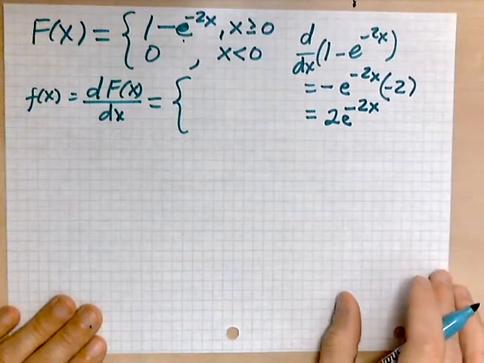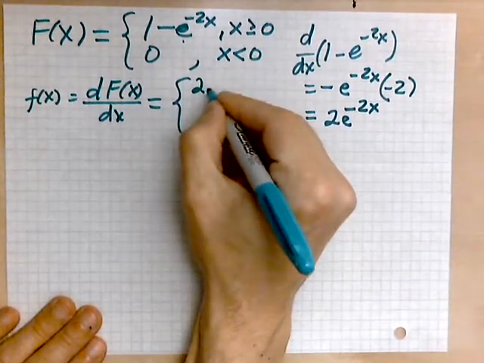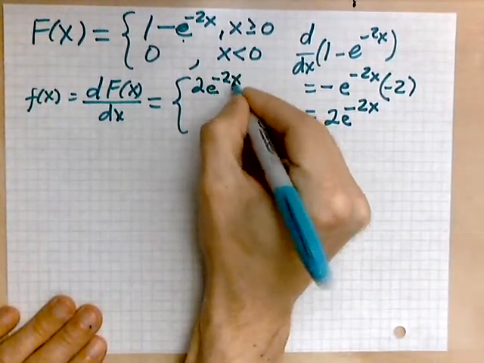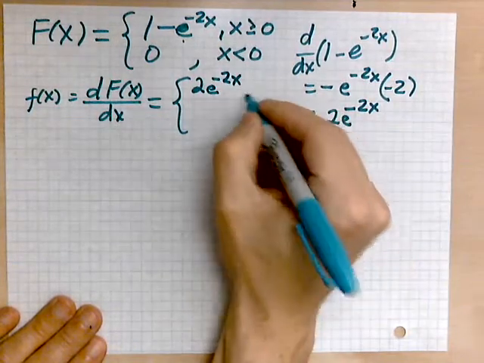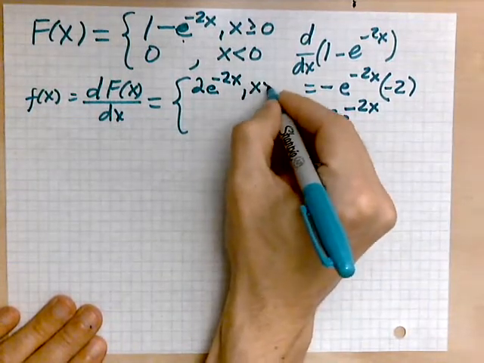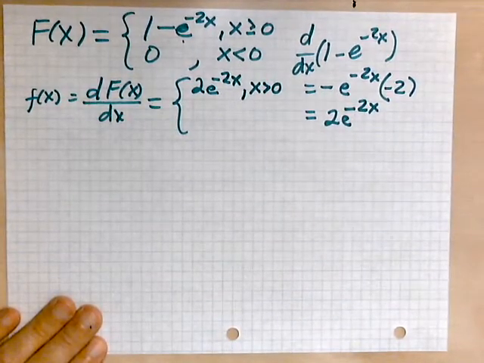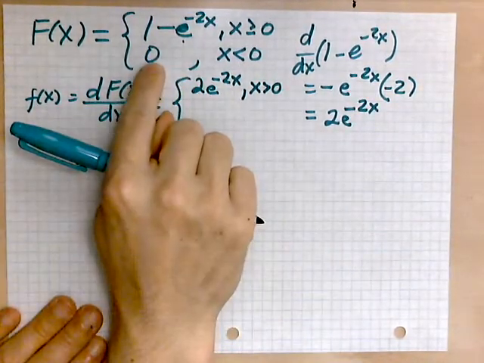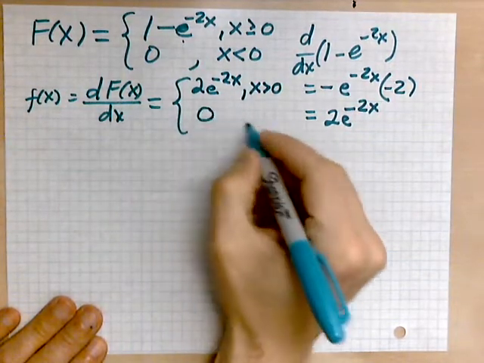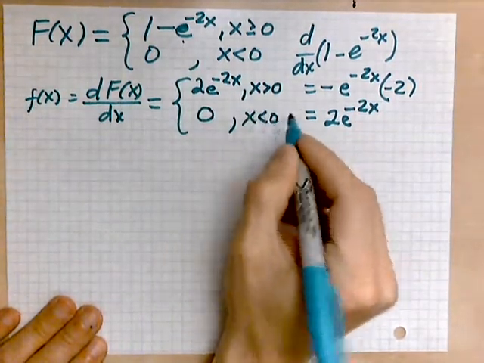So this becomes 2e to the negative 2x, and this holds for x greater than 0. And of course the derivative of 0 is still 0, so that goes over here for x less than 0, okay?